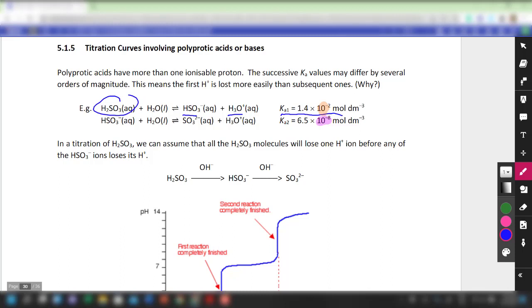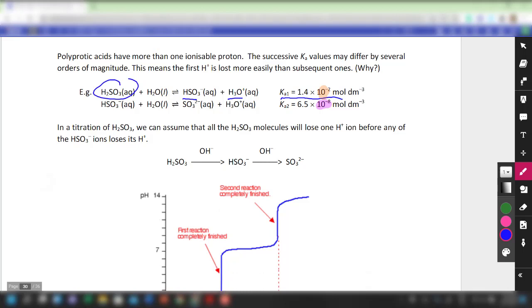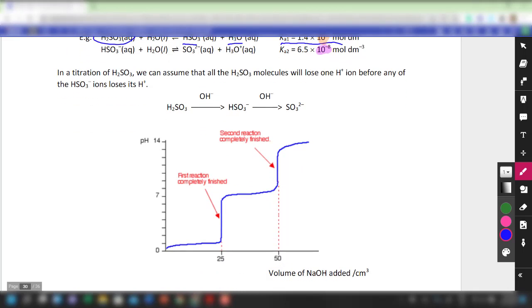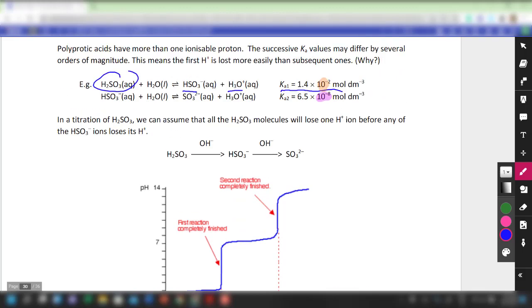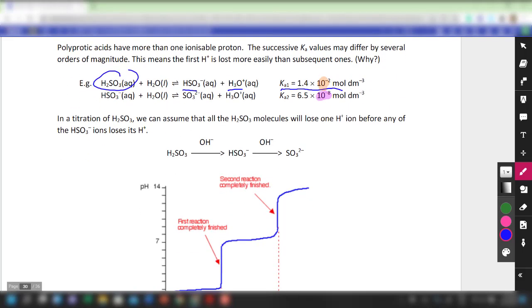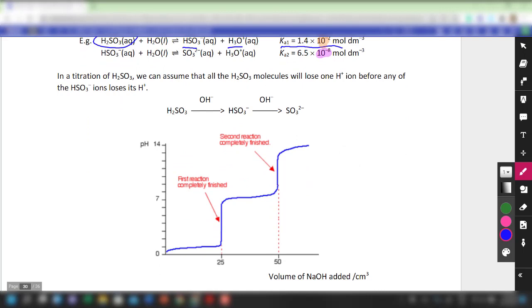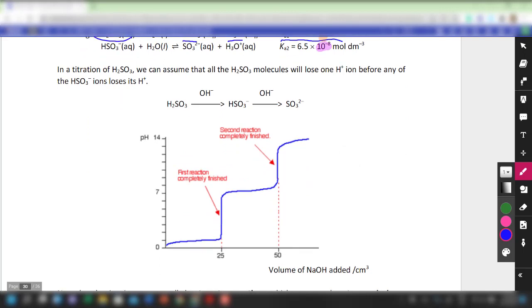Because of that, you expect in most cases the subsequent Ka value to be significantly lower than the first Ka value. Then from the titration curve, because we are titrating against sodium hydroxide, you notice that there will be 2 equivalence points. Because we are using the same concentration, I suppose, the volume needed will go from 25 to 50.0.